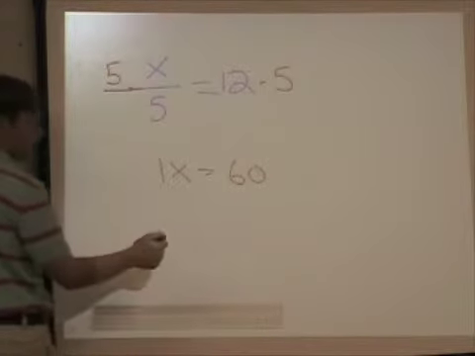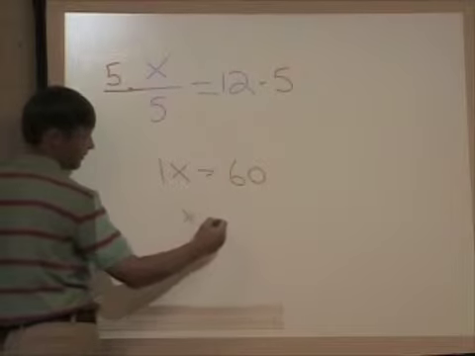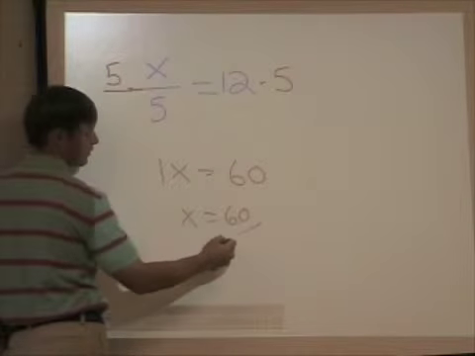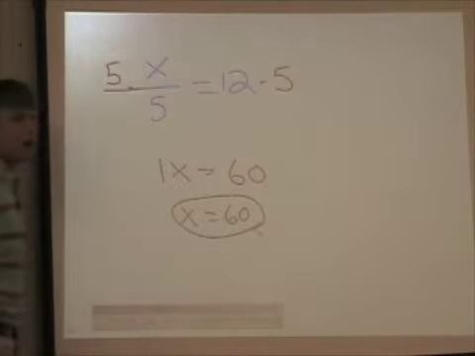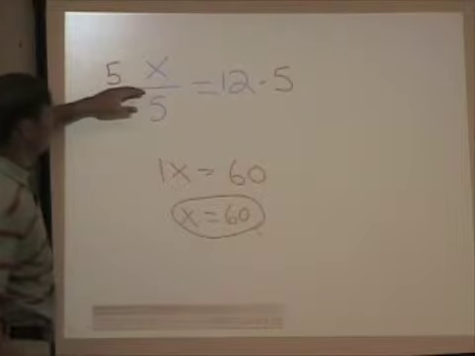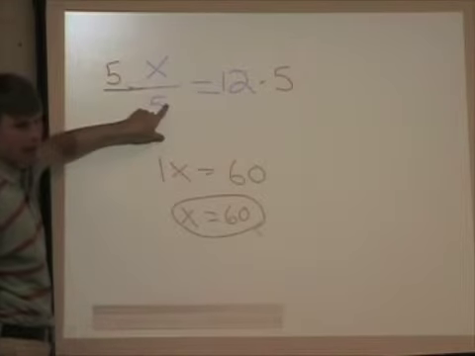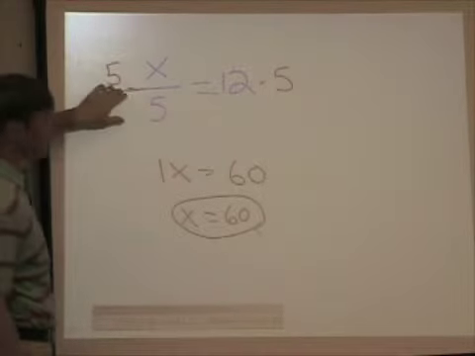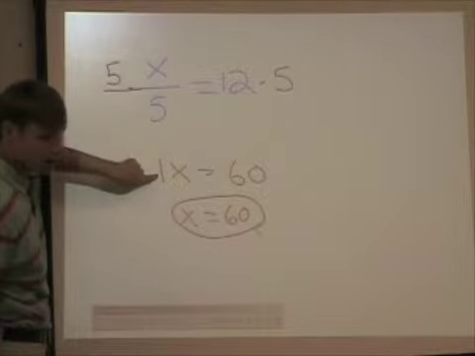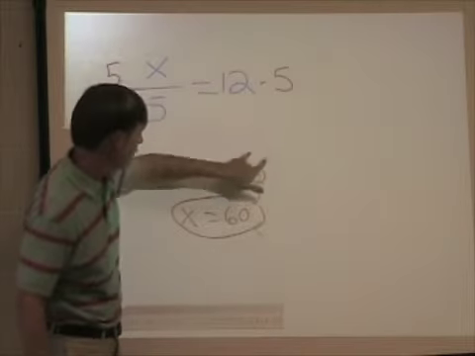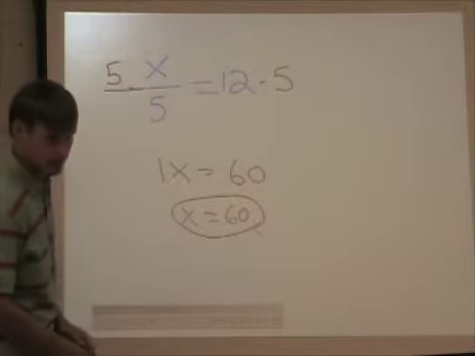Now what's 1x the same as? X equals 60. So there's your answer right there. So all you did to solve was you were dividing by 5 on this side, so you multiplied 5 on each side. When you multiply 5 over here, you got 60, and that's your answer.